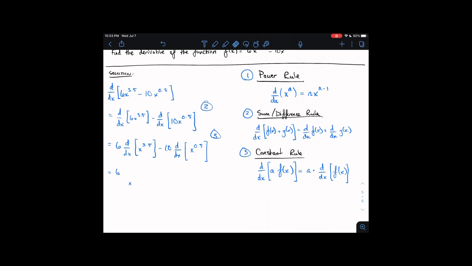Rule number 1 says pull out the 3.5 and lower by 1. And then pull out the 0.5, lower by 1. Now I'm just going to simplify. So 6 times 3.5 is 21. Ten times 1/2 is 5. And I'm done.